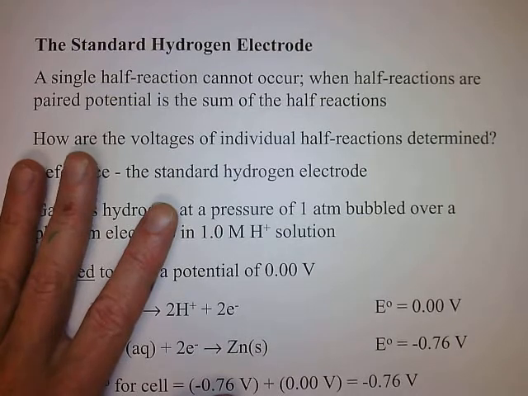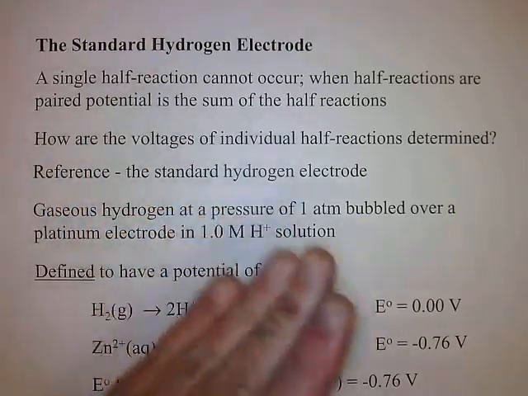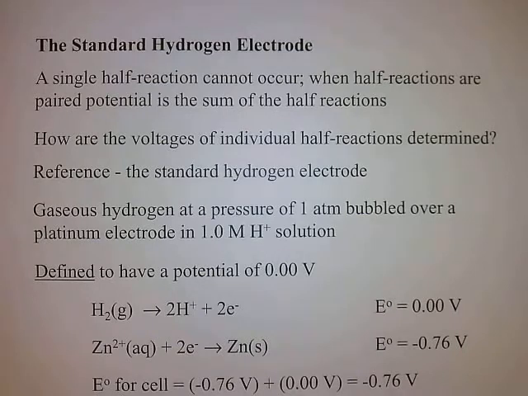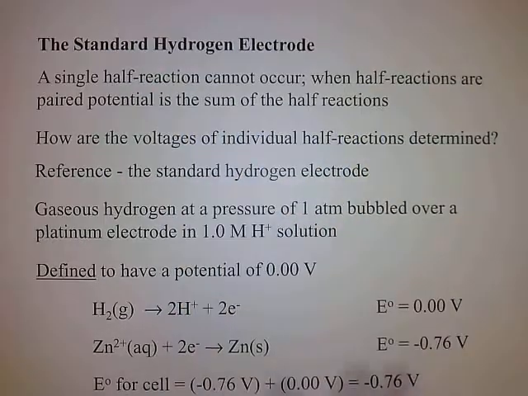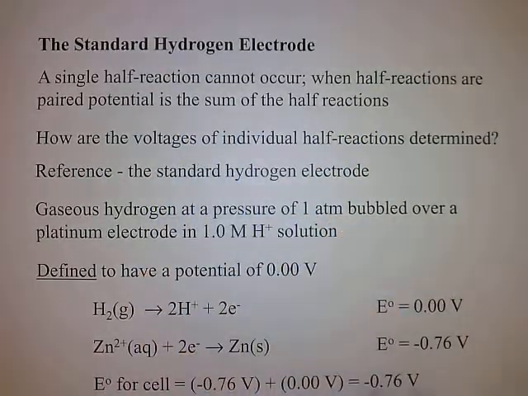A half reaction can only happen in pair with another reaction, and then the potential becomes the sum of the two. So how did we figure out these values for individual half reactions? How are the voltages for individual half reactions determined?